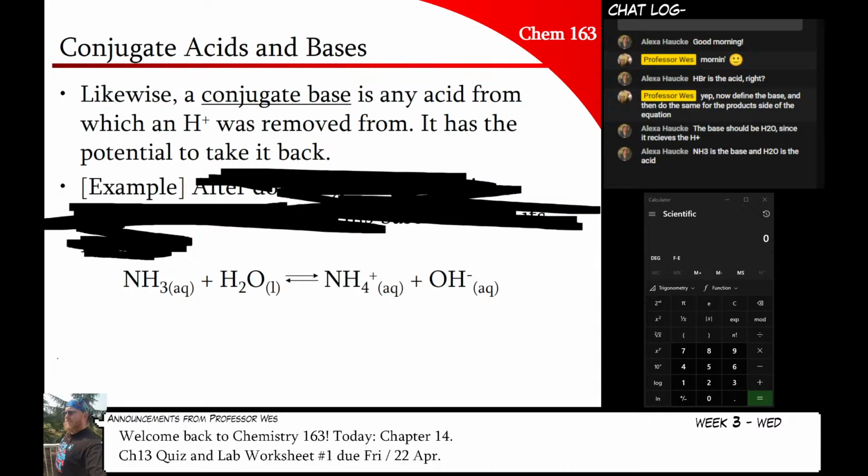So write the reaction down for ammonia plus water. Write out all the products there that are on the screen. Label each as acid or base on both the reactant side and the product side. And then I want you to link the conjugates together by drawing a little curve like we were doing, so like linking two things together. All right, go ahead and do that. I'll give you about 2 or 3 minutes, and then we'll go over the answer.